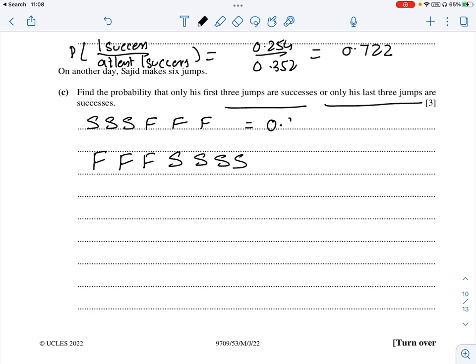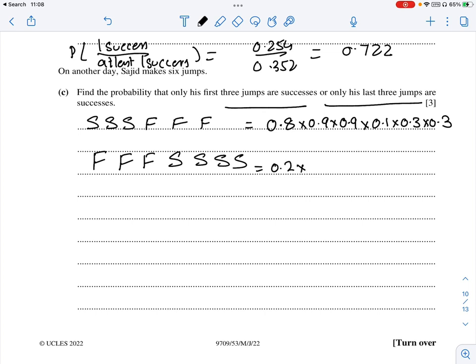If at all the first one is a success, it is 0.8. Success followed by success is 0.9. Now the next one is going to be a failure, which is 0.1. Failure followed by failure is 0.3. Failure followed by failure is 0.3. Now the other case: the first one is a failure, which is 0.2.